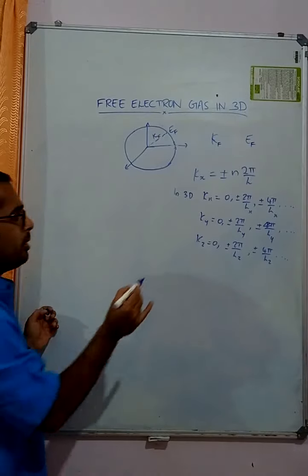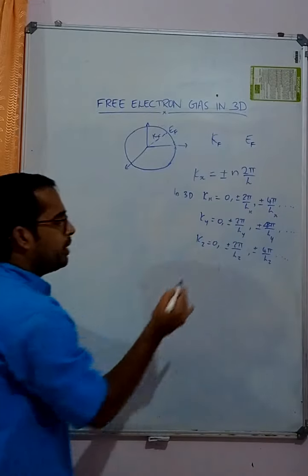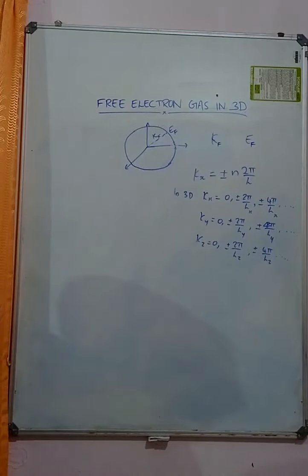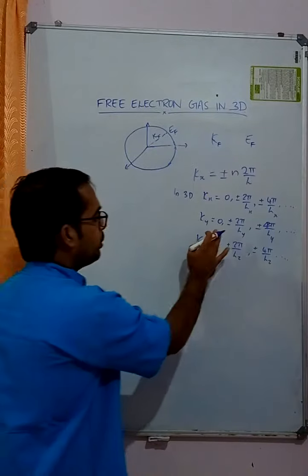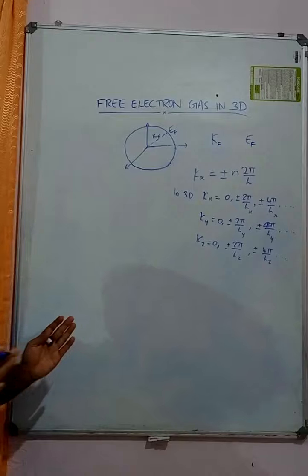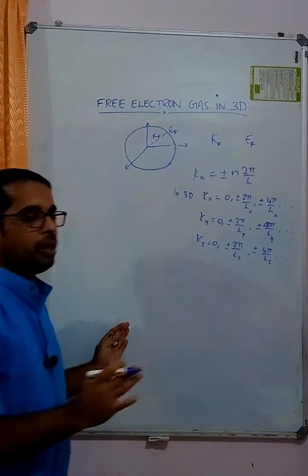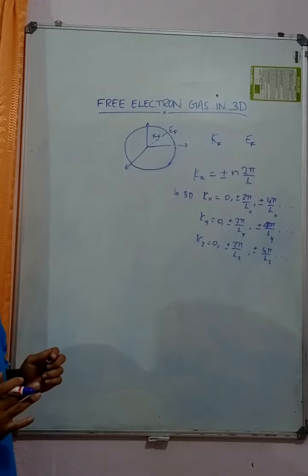So we can see that within 0 to 2 pi by Lx, there exists a kx value. Similarly, between 0 and 2 pi by Ly, there exists a ky value, and between 0 and 2 pi by Lz, there exists a kz value.